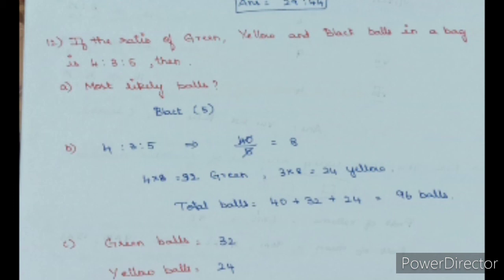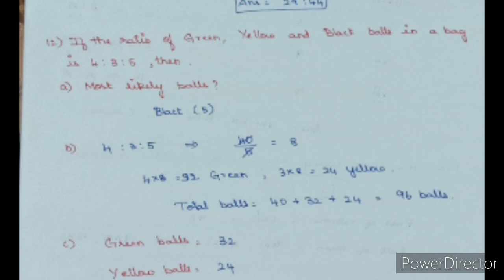So 40 divided by 5 is 8. So 8 is the common ratio. We have to compare it with the green and yellow. 4 into 8 it is 32 green and 3 into 8 it is 24 yellow color balls. So total is 32 plus 40 plus 24. So 96 balls are there in total.